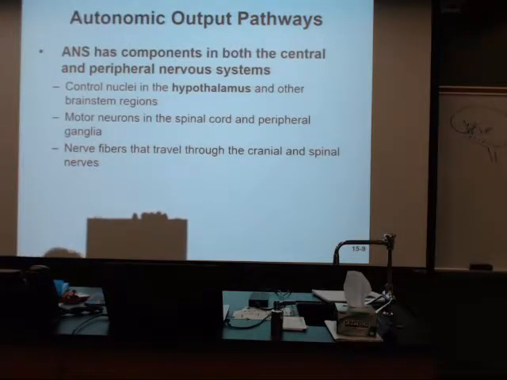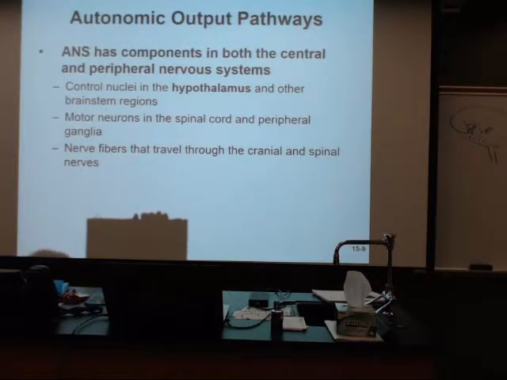What's a ganglia? If you think about a ganglion cyst on your hand, it's like this huge bump. And for our purposes, huge bump. Does everybody see that? Nerve cell body.